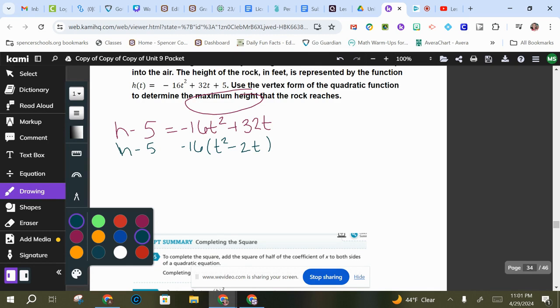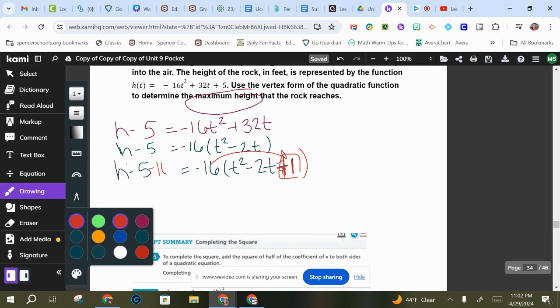Now we're going to do that beautiful completing the square. So h minus 5, leave a little space here, negative 16 times t squared minus 2t. Half of negative 2t is negative 1, squared is 1. So I'll change color here. Adding 1 is completing the square over here. But remember, it's negative 16 times 1.